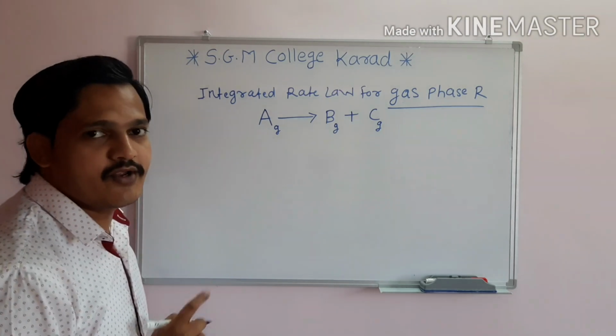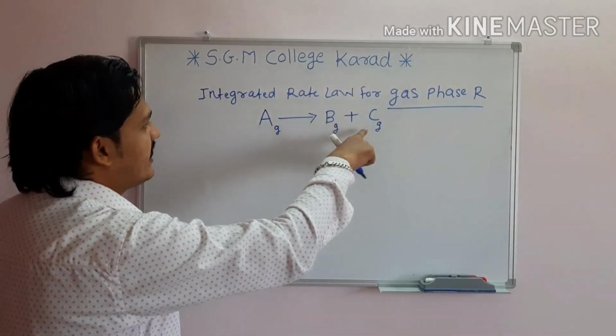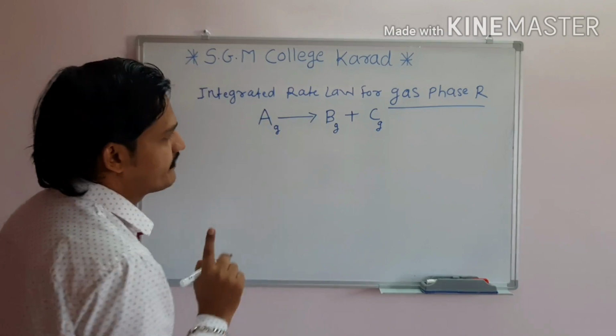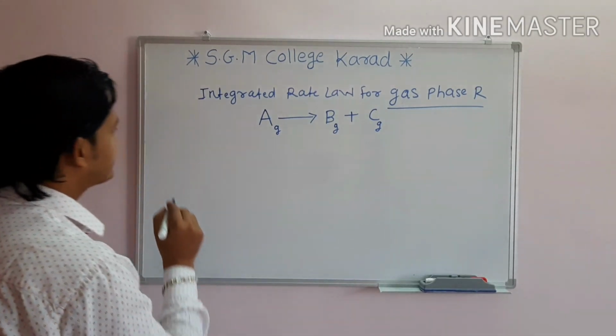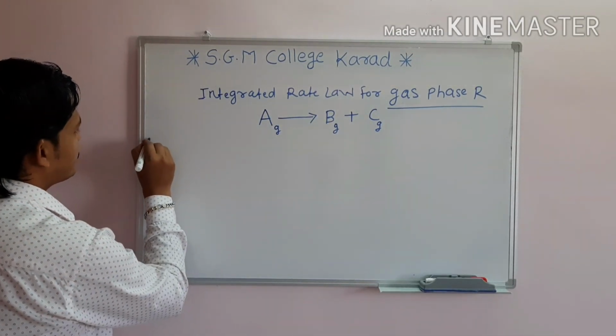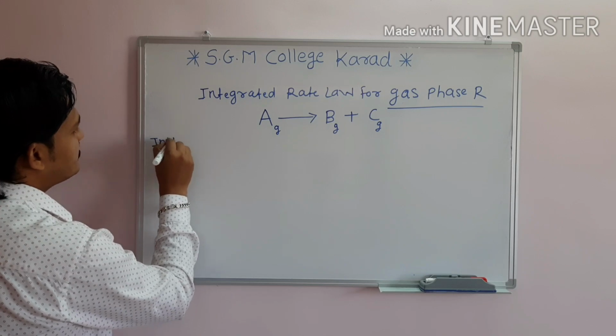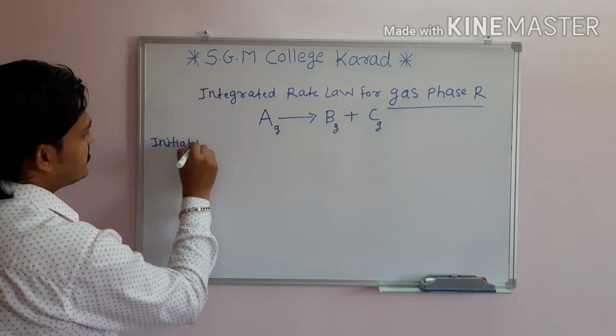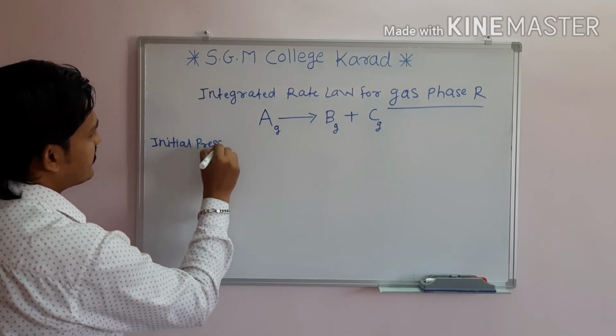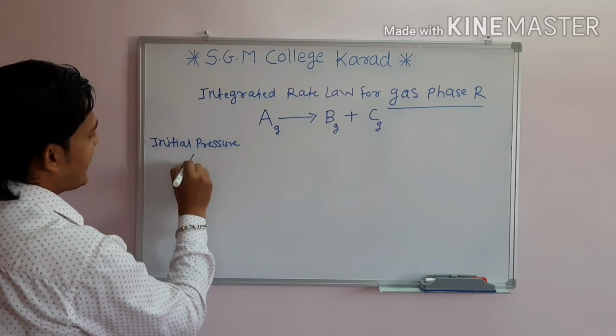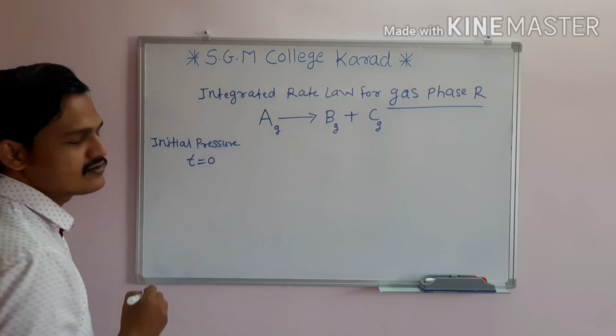The stoichiometric coefficient of all reactant and product is 1, 1, 1. Now let us move to the initial pressure at time t equal to 0.